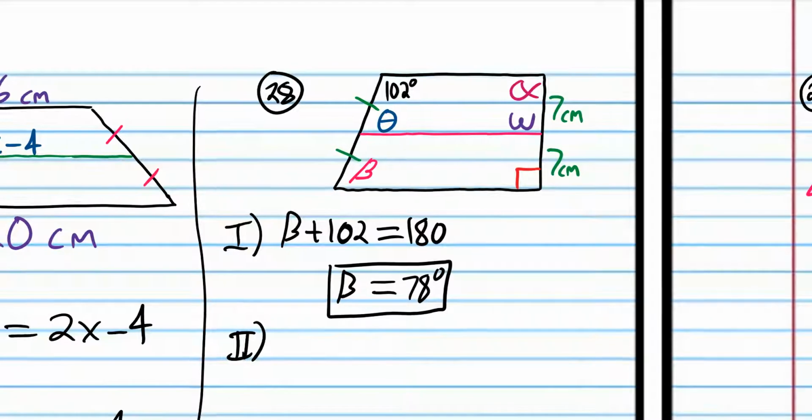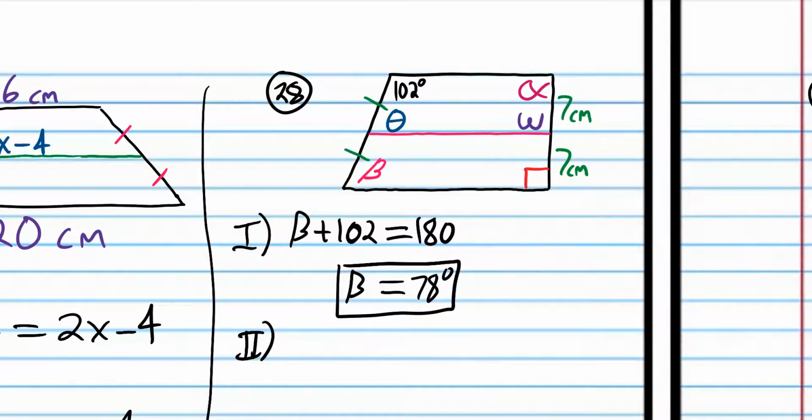And what else can we do here? At this point we actually don't need to use supplementary angles, because now we know that if you consider these two segments, by the corresponding angles postulate, this angle must be congruent to this angle. So that's just one way to do it. There's a lot of different ways to do it. So theta must be 78 degrees because they're both upper right in that area.